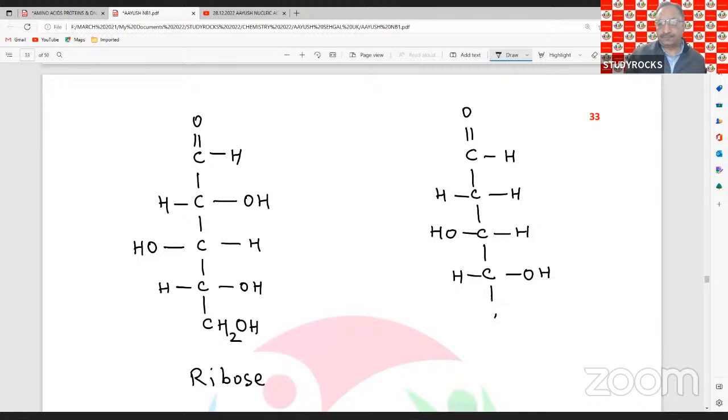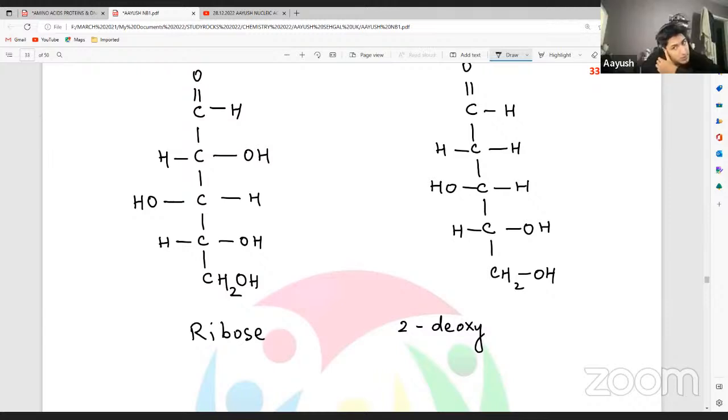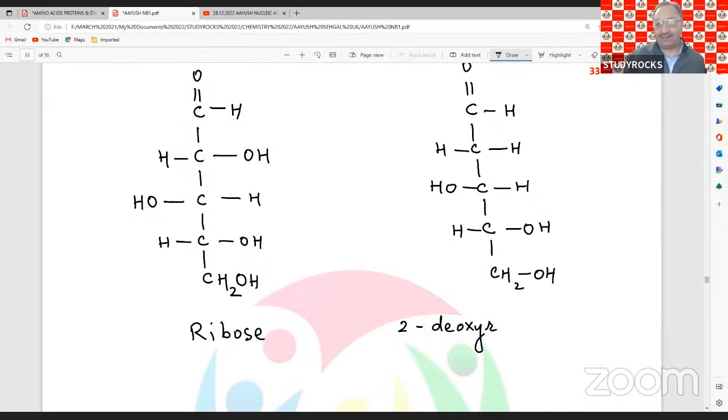HOH, CH2OH. Naturally, you can carry out its name as 2-deoxy. D means removal. Removal of what? Removal of oxygen. So 2-deoxy ribose sugar.